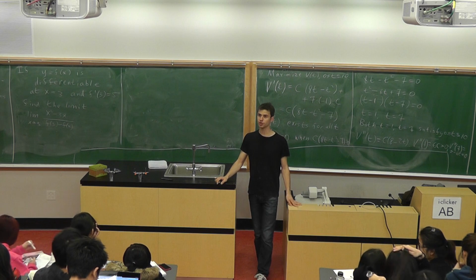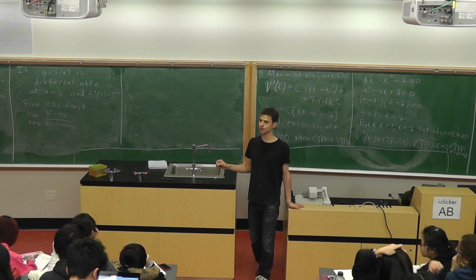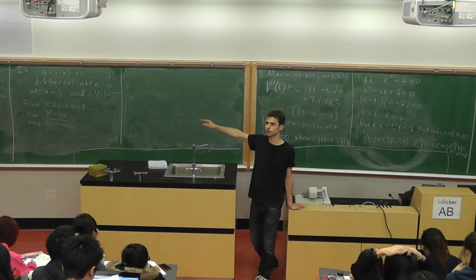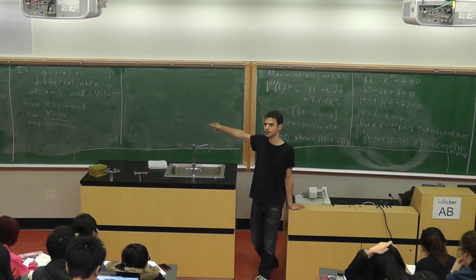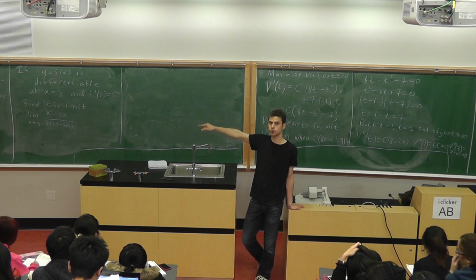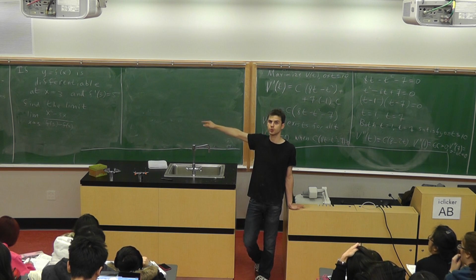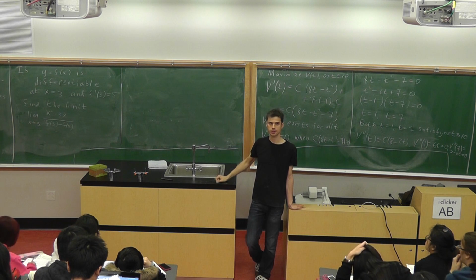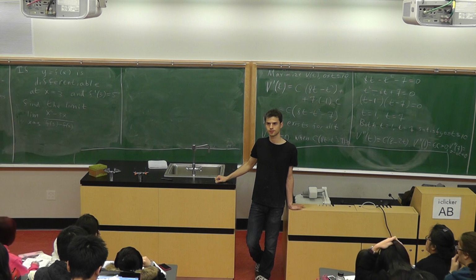In general, not for every function, as x goes to 3, will f of x go to f of 3. Only for continuous functions, as x approaches 3, f of x will approach f of 3. Is our function continuous? The answer is yes.